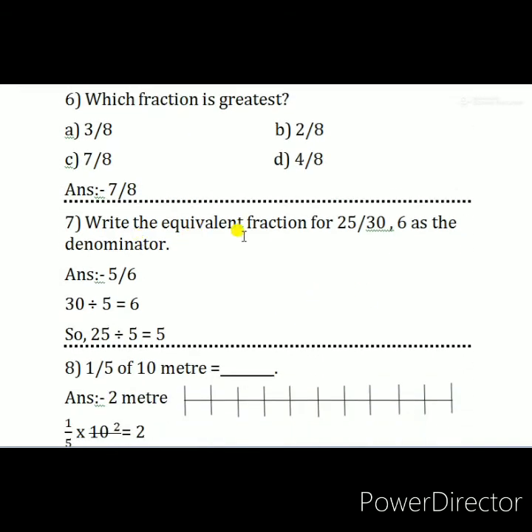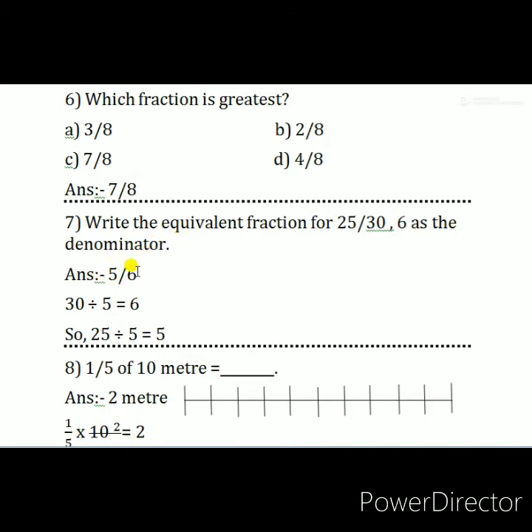Write the equivalent fraction for 25 by 30, with 6 as the denominator. We have to reduce this 25 by 30. Here we should get 6 as the denominator.